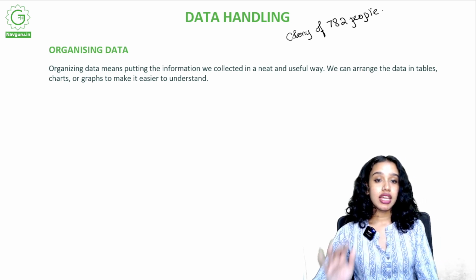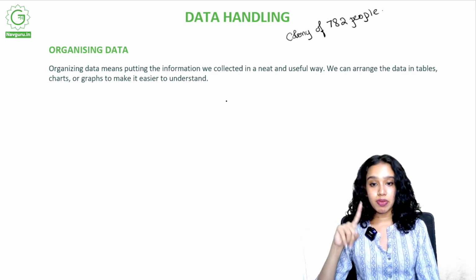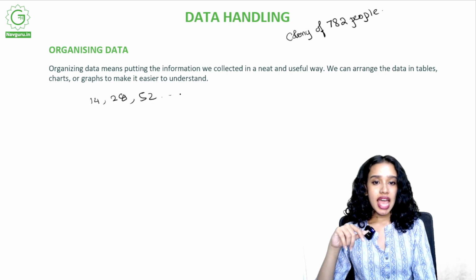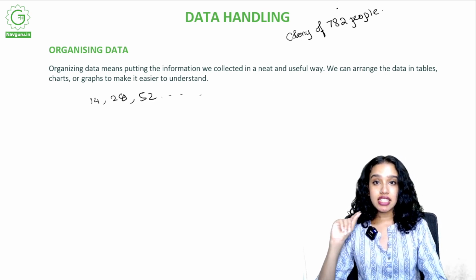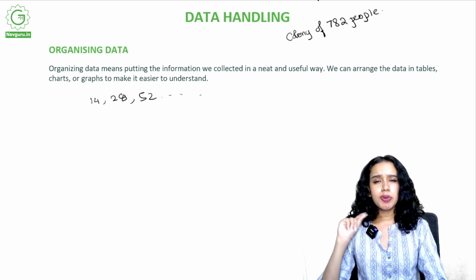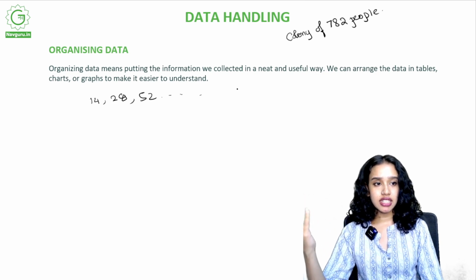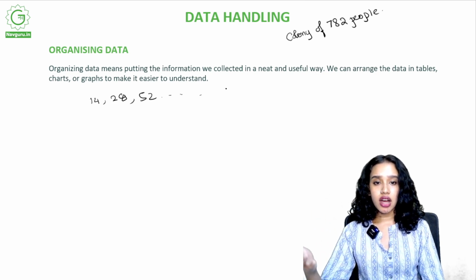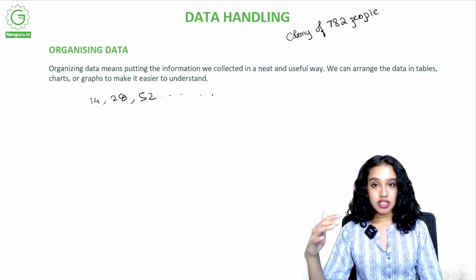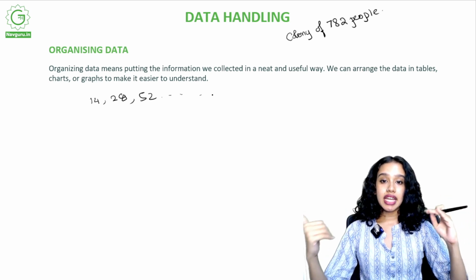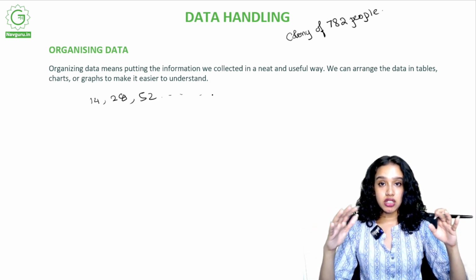If I collect the age of every person and write it down, like one is 14, the next is 28, the next is 52, for all 782 people, it would be really difficult to figure out anything. So we put it in a table, a chart or a graph to make it very easy to comprehend. If we have a huge amount of data in front of us without any organizing, it would be really difficult to deal with.